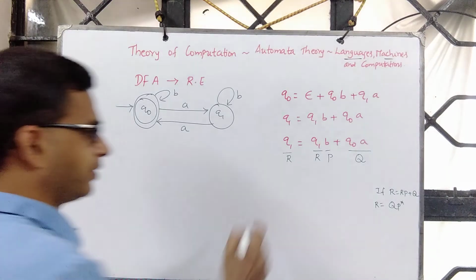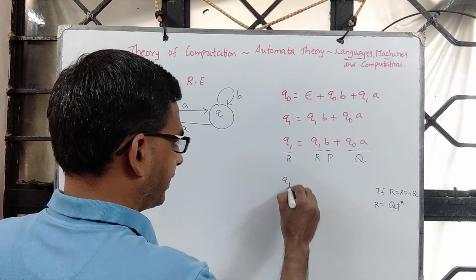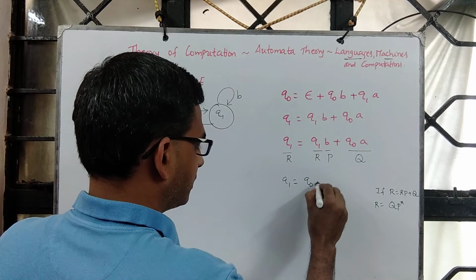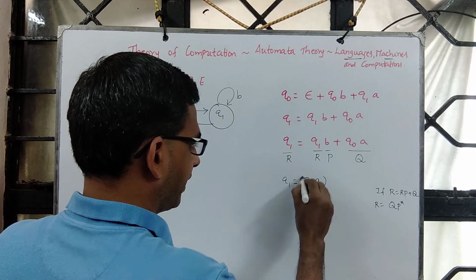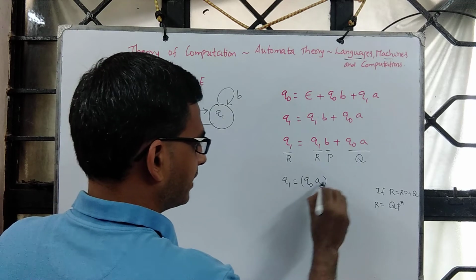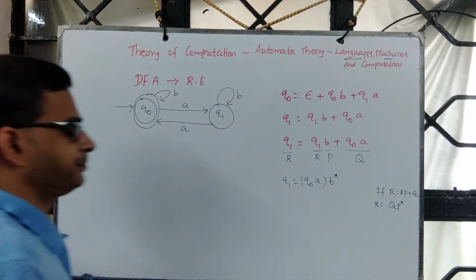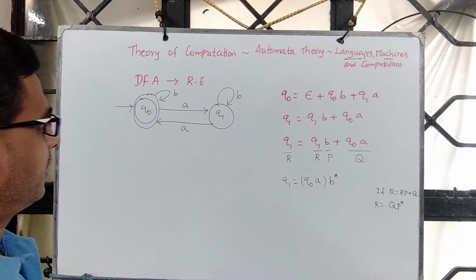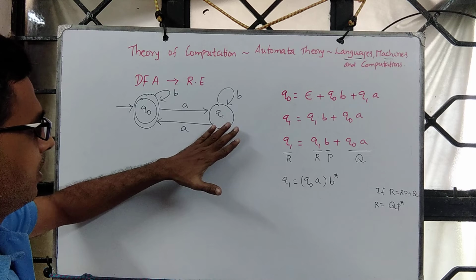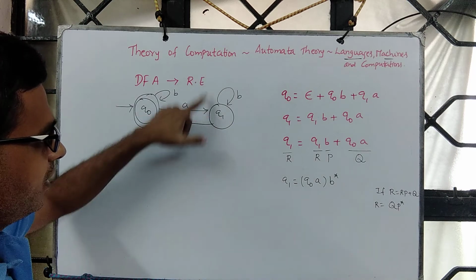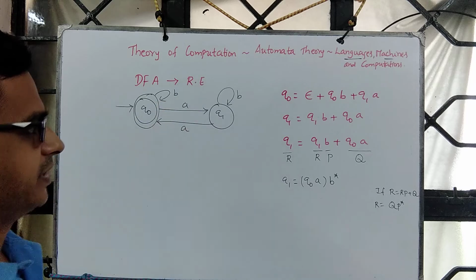Fine. So which means if you employ this rule, what we get is Q naught A times B star. So if you look at Q1, what do we get? We get Q naught A followed by B star.